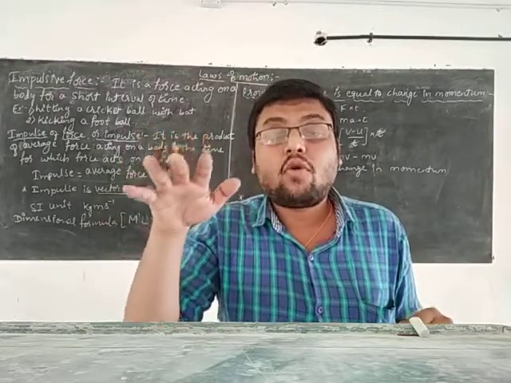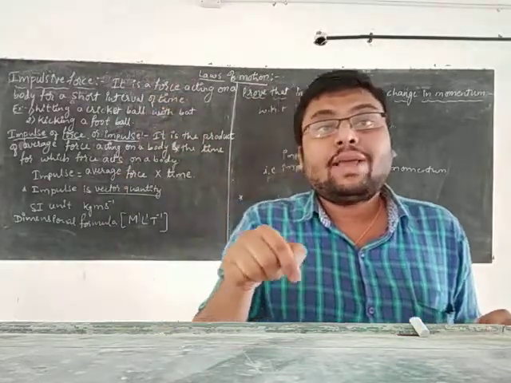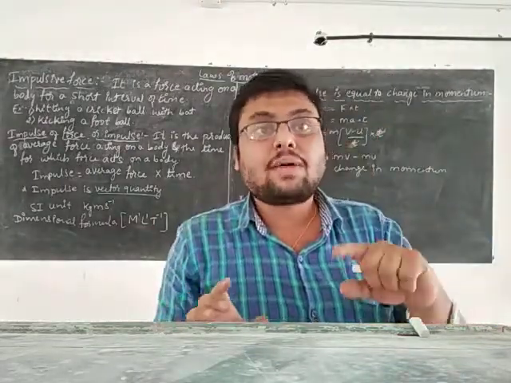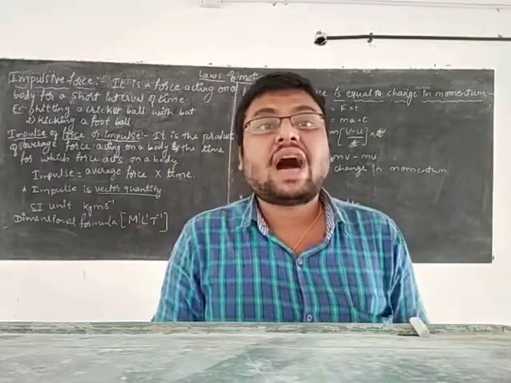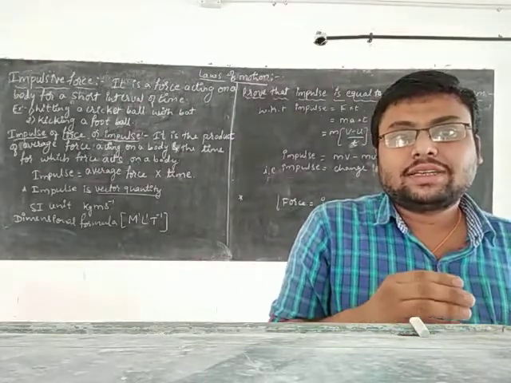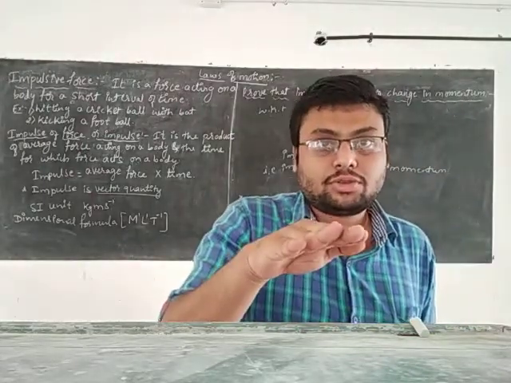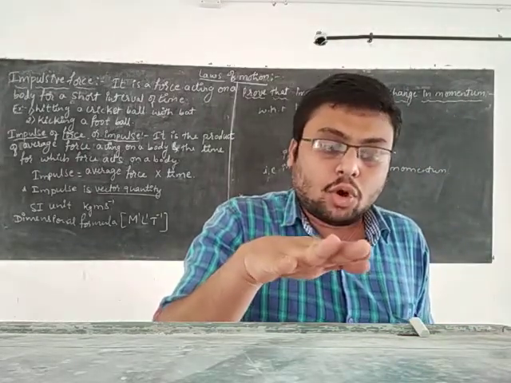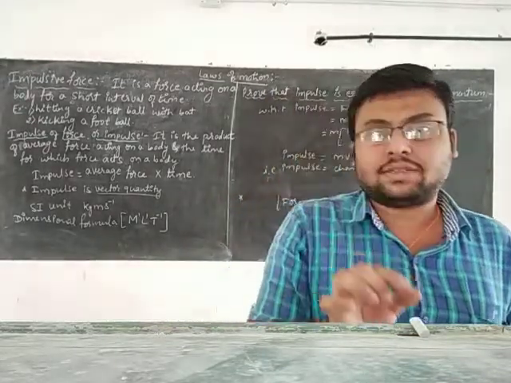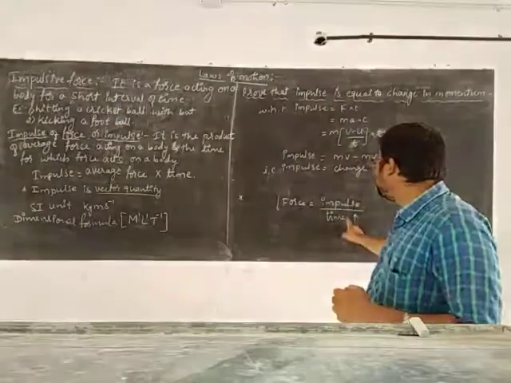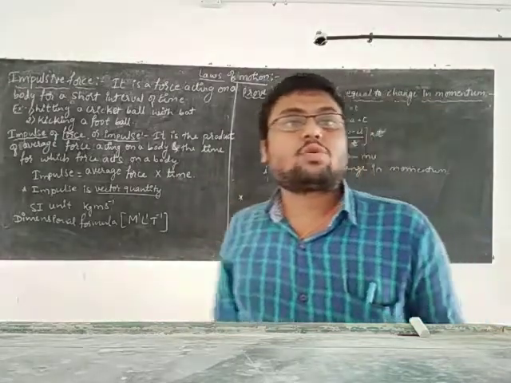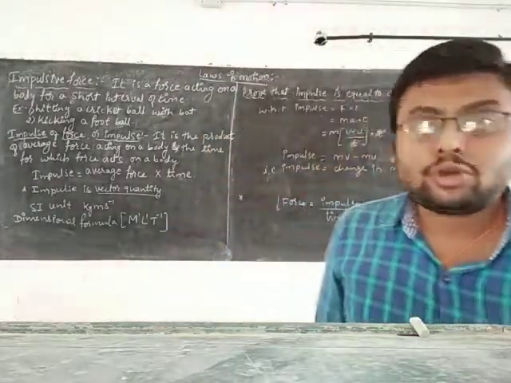So the effect of force is less. So he may not get injured, or he may get smaller injuries compared to the person falling on the hard ground. Whenever a person falls on the hard ground, the body usually rebounds, because there the time of impact is very less. If the time of impact becomes very less, then the effect of force is more, so he may get more injuries.